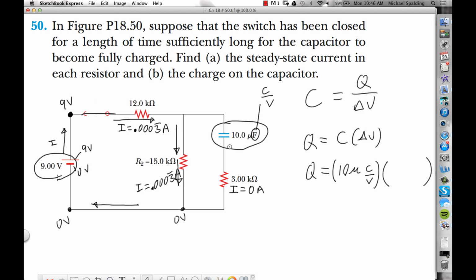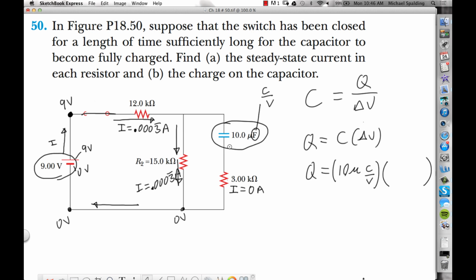See, because kids that don't know what's going on, they're like, ooh, wait, there's a V. Oh. And they just plug it in like that. Right? Is the voltage across the capacitor going to be 9 volts? That's the voltage of the whole circuit.